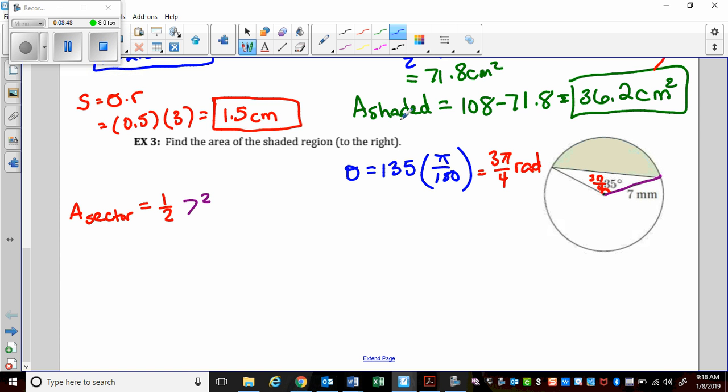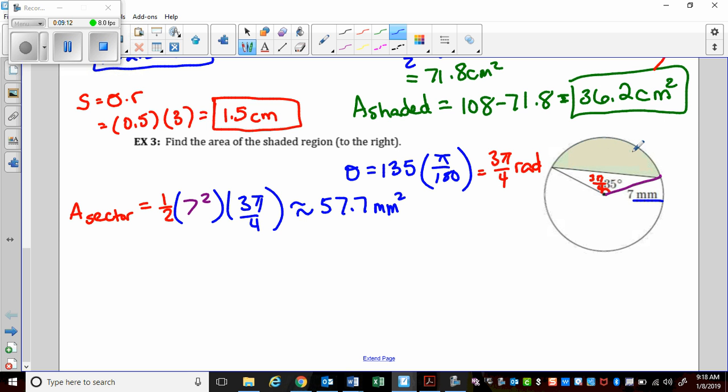My radians is 3 pi over 4. All you have to do is input that into your calculator, and we get something like 57.7. Tell me if I'm wrong. And these are millimeters squared.